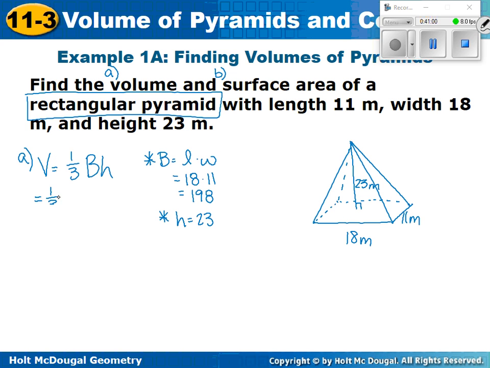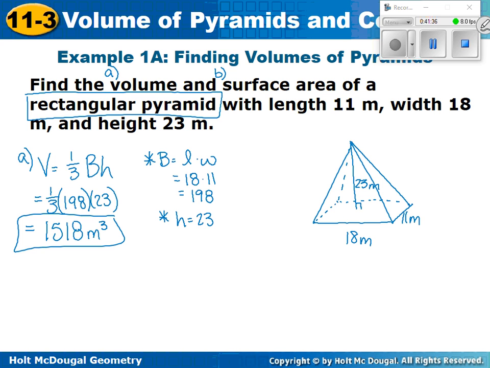So we have 1/3, 198 times 23. What's our volume? Help me out. What's 1/3 of 198 times 23? 1,518, exactly. 1,518 units, meters cubed.